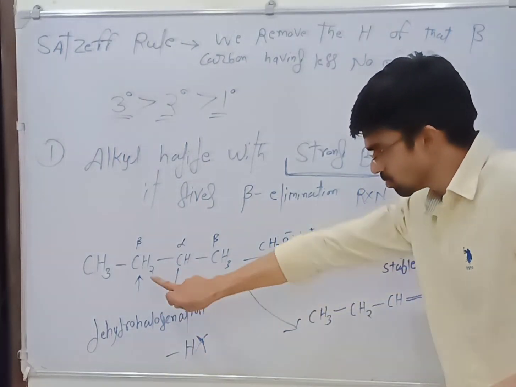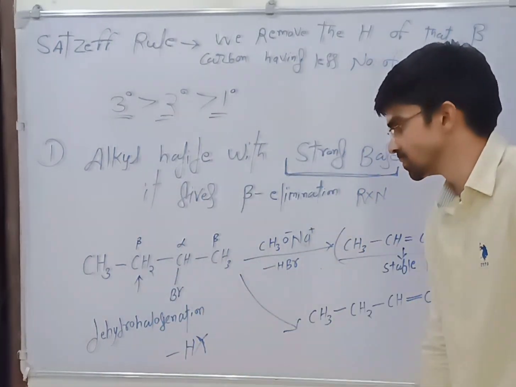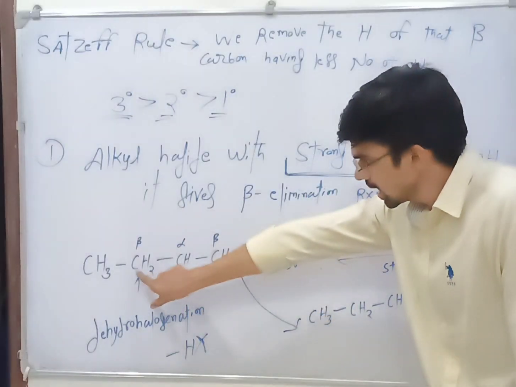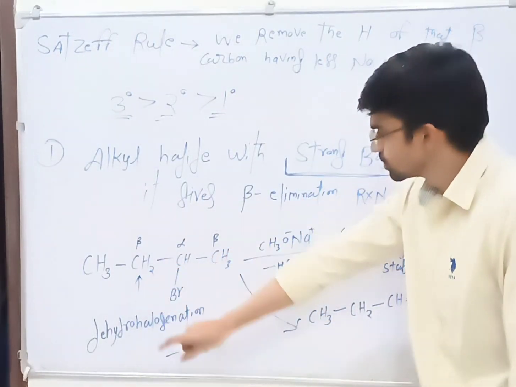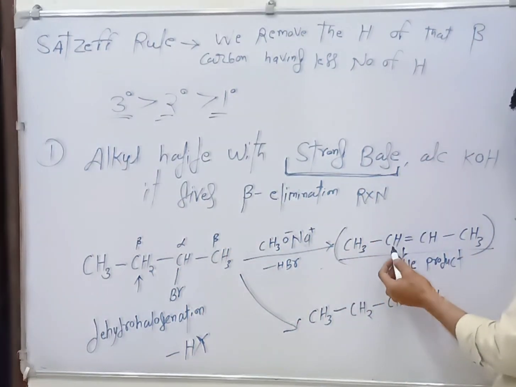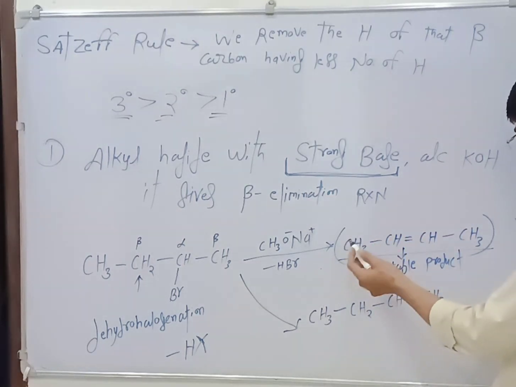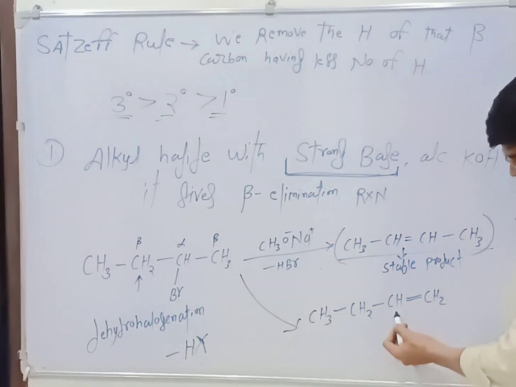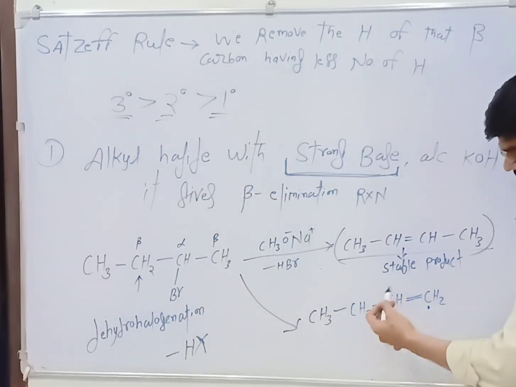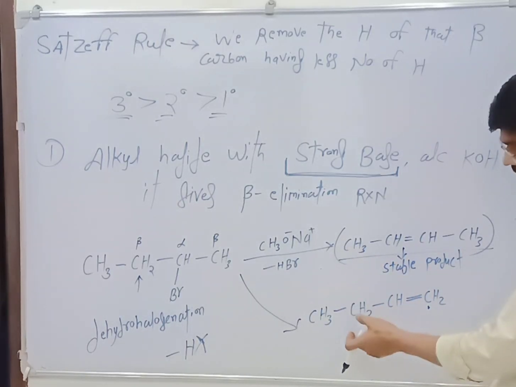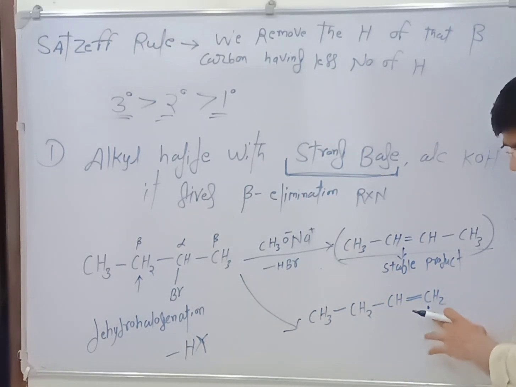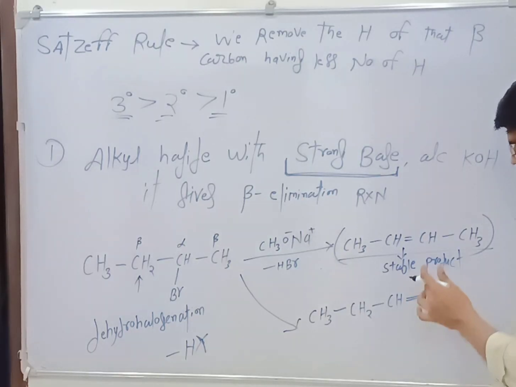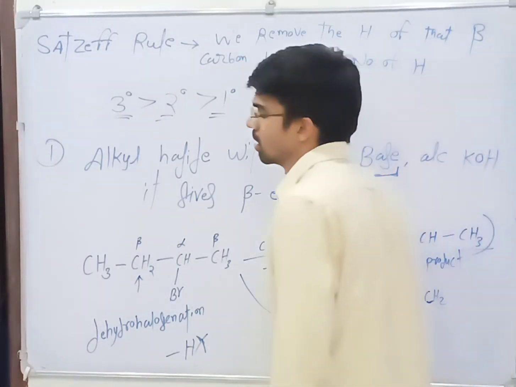That is why we will remove the hydrogen from this carbon, because this carbon has groups on both sides which can donate electrons, but here this carbon has hydrocarbon groups on only one side which can donate electrons. Okay, so this is your more stable product.